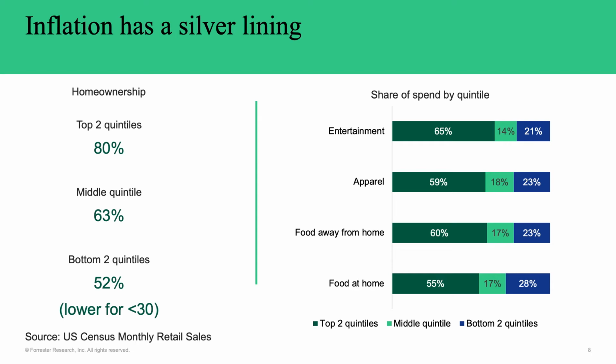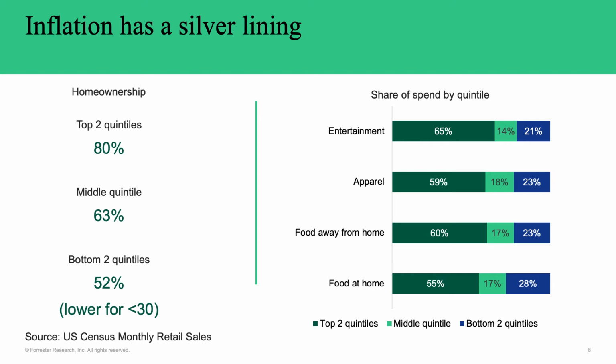But when we look at who comprises the vast majority of spending, it is the highest two income quintiles. So the top 40% of households in the United States, that's the dark green on the right-hand side. And these are consumers that are spending disproportionately more on everything from discretionary goods like entertainment to essentials like food.